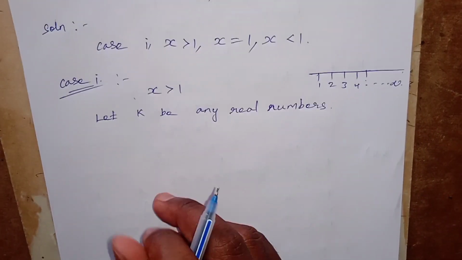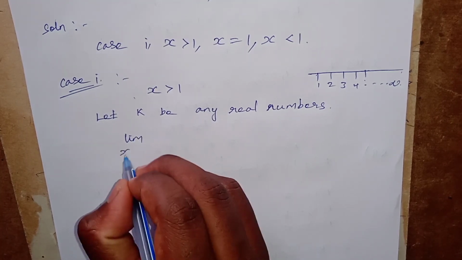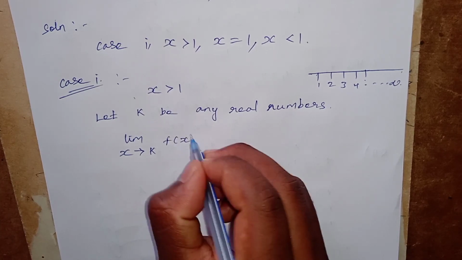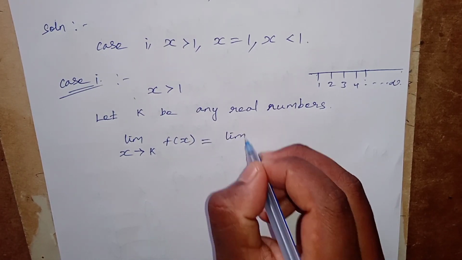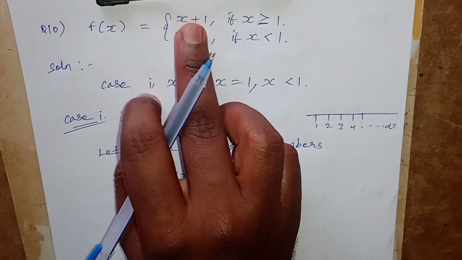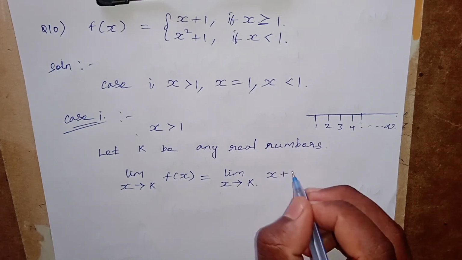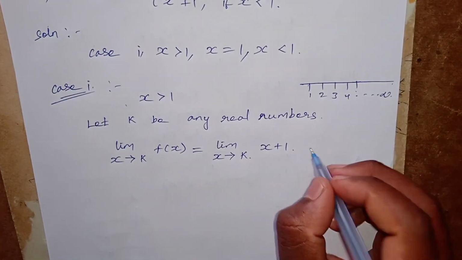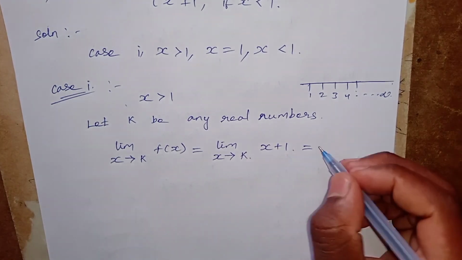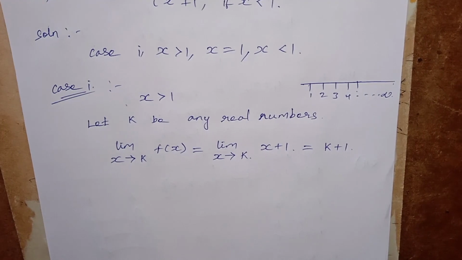Now, limit x tends to k of f of x. Here my function is for greater than, therefore I have to take x plus 1. Substitute the value of k in place of x. Therefore, k plus 1.